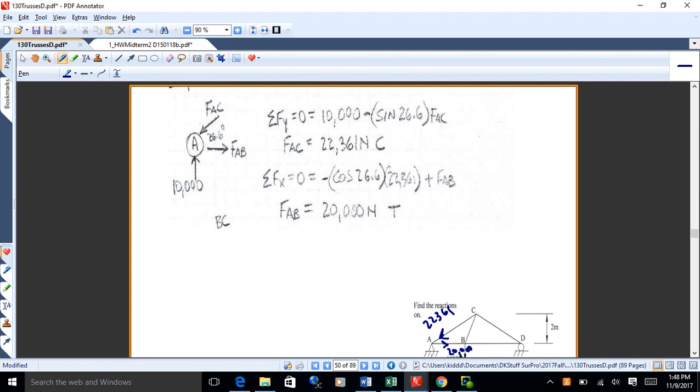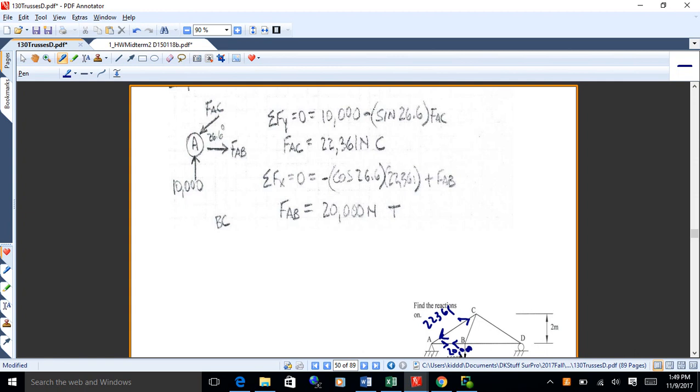So if AC is pushing on A, what's it doing on C? Which way would the arrow be right at C on that member? It's pushing, yeah. See, it's doing that. And if AB is pulling on A, it's pulling on B. So we got to remember to turn those arrows around when you get to the other side.